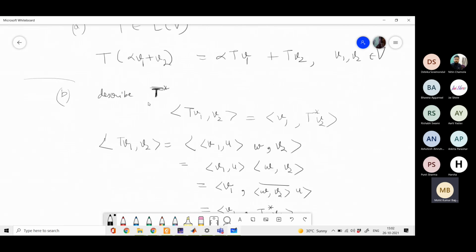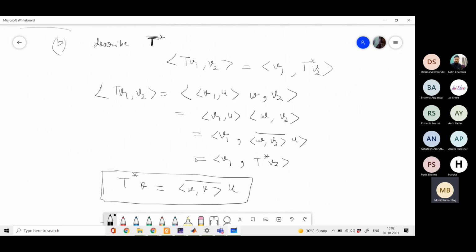So you can write, using the definition, the inner product of V1 and U with W. Now you can take this out because this is a scalar, from the first quantity, and then again this is also a scalar, so you take it inside, but with the bar.